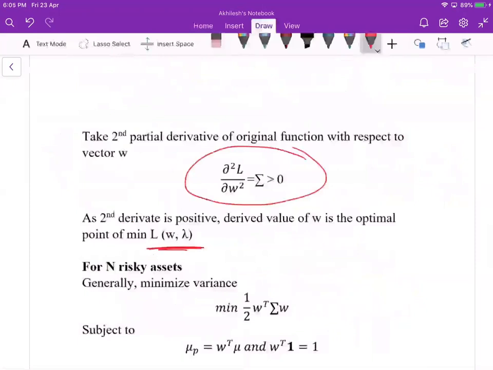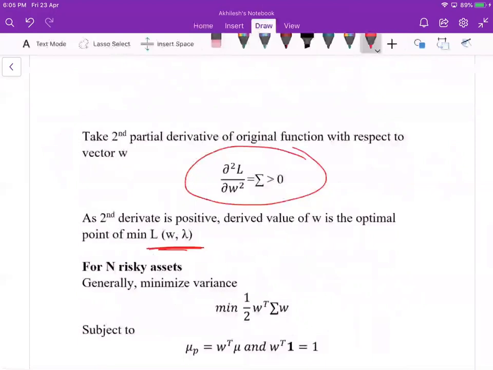Okay, now let's check a general case. We have just n number of risky assets. Okay, n number of risky assets. So according to our assumption, we are going to minimize the variance for a given return.